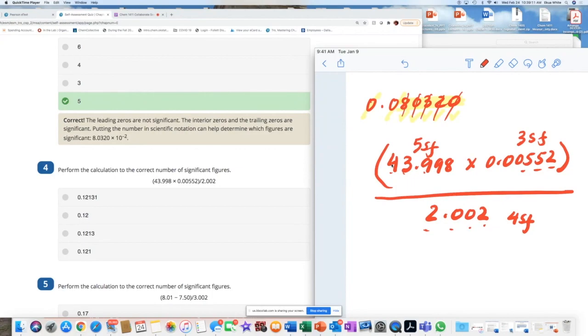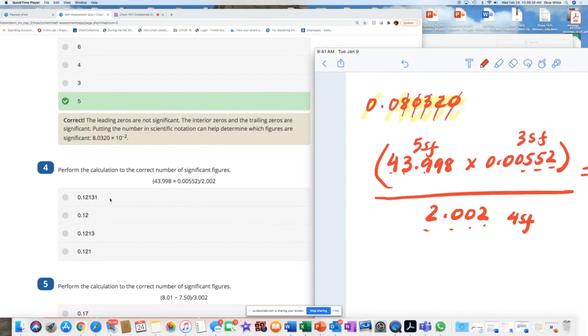So when I multiply my top numbers, I end up with 0.242. The good thing about this question is since we have all these numbers that look very similar, except for significant figures, I can go ahead and round this early on. So this is 0.242, which I will write as 0.242. I'm supposed to round to 3 significant figures.